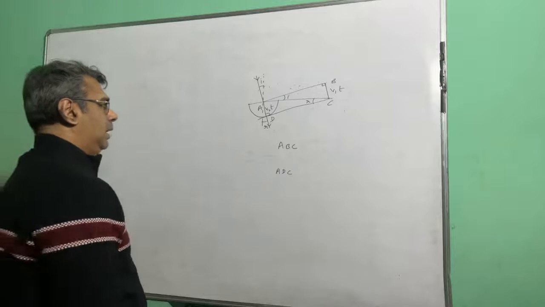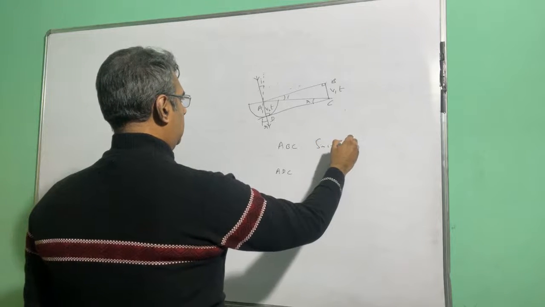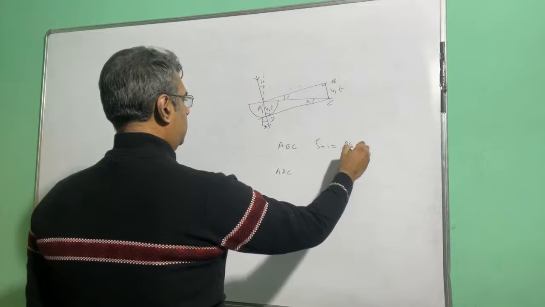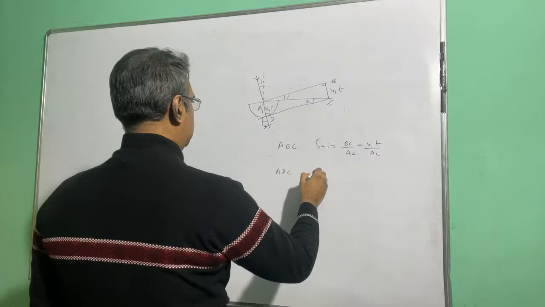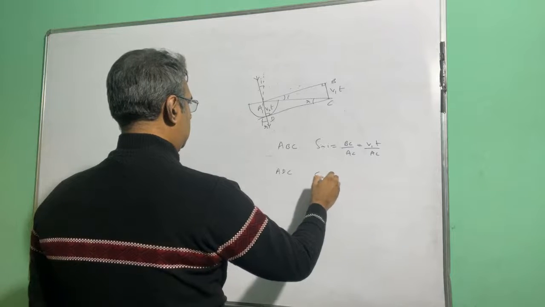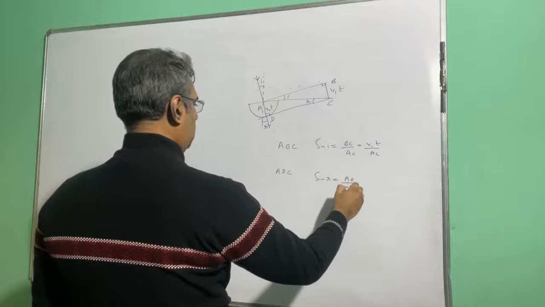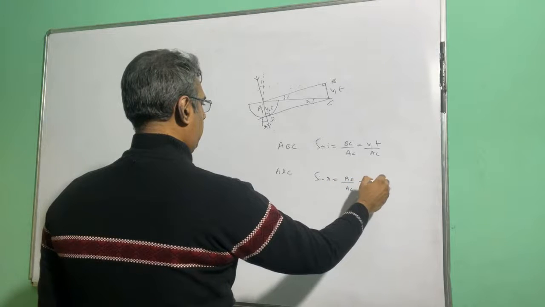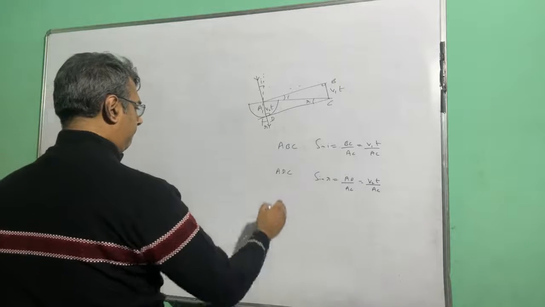In the right angle triangle ABC, sin I is BC by AC, so V1T by AC. In the triangle ADC, sin R is AD by AC, so V2T by AC.